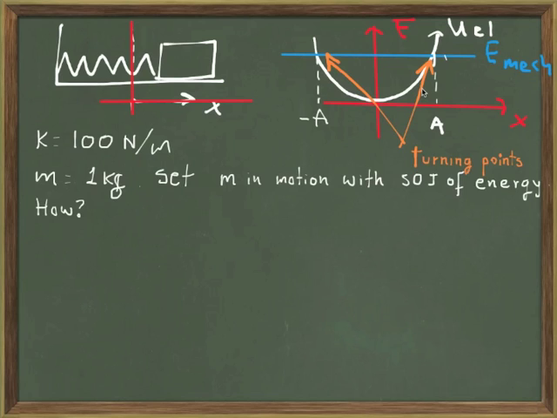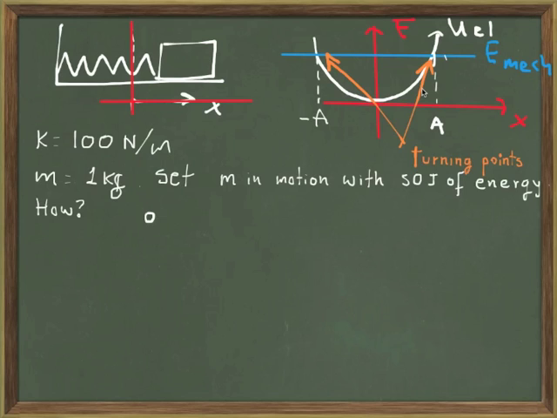Now think about it for a spring, a mass attached to a spring. What do I do to that mass to give it 50 joules of energy? What are the possibilities? You can stretch the spring or compress it, right? By how much? So let's use K, 100 newtons per meter, and let's use for the mass of the object 1 kilogram. How much do I stretch or compress that spring?